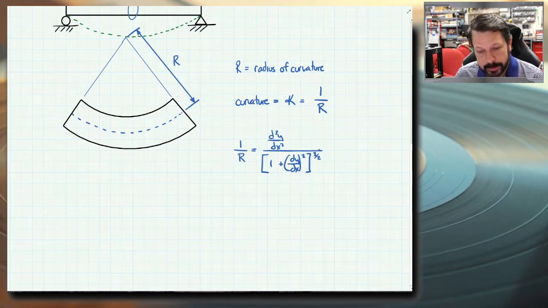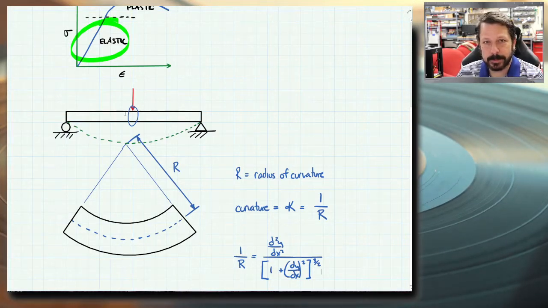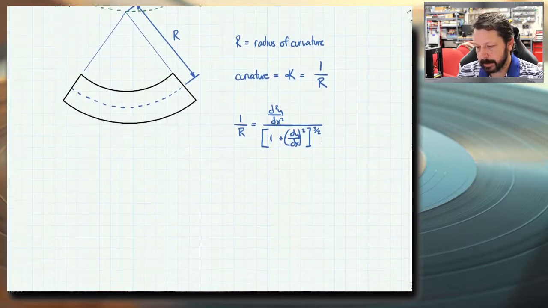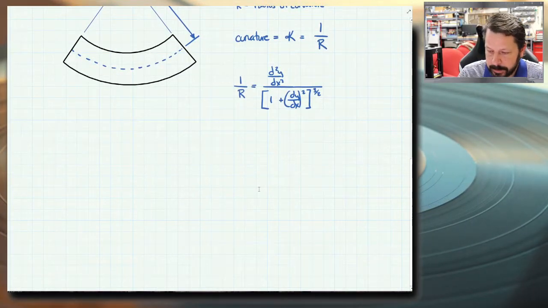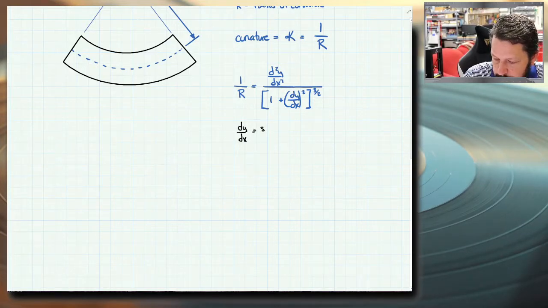So we do have to remember that we're actually talking about a beam curving, and for the most part, the beams that you build into machines and buildings and things like that, they don't really bend that much. They do bend, but it's very small amounts, not anywhere near what I drew. And so if the amount of bending is small, then this dy over dx, that's the slope.